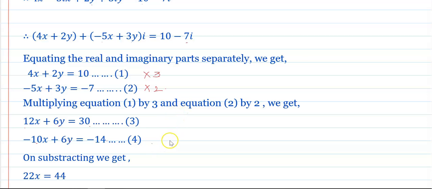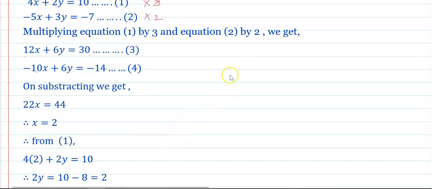If we subtract these equations, that is 12x plus 6y is equal to 30. On subtracting, minus 10x plus 6y is equal to minus 14.